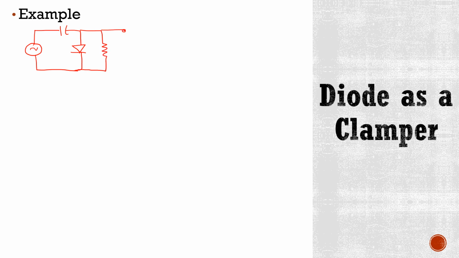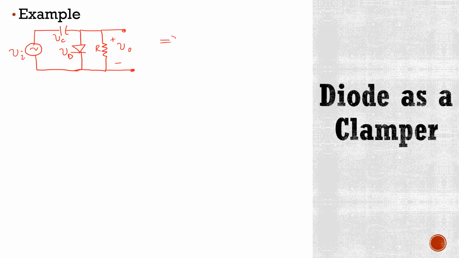Now look at this example. If you have a clamping circuit like this, where this capacitor is connected to this diode, and here you have a resistor which is connected in parallel to this diode, and if you have output voltage here, and here there is diode voltage, and here you have capacitor voltage, and here there is input voltage.